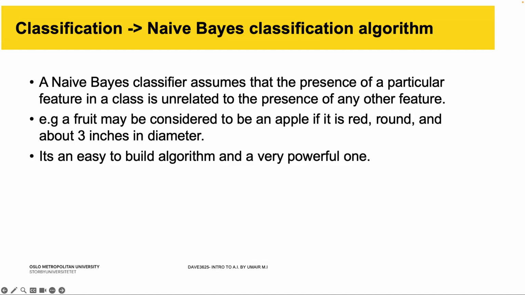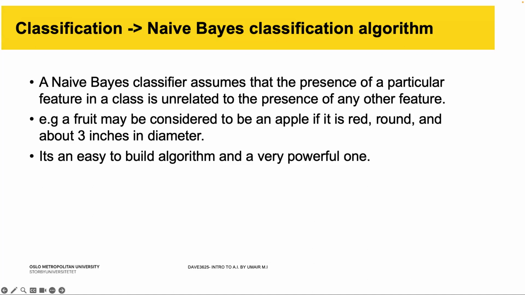Now, the problem with naive Bayes is that if you train it with a data set of apples and oranges and everything which is round in the fruit category, and then test it in the real world, and give it an image of a tennis ball, for example, it will also tell you that this is an orange or this is a fruit.